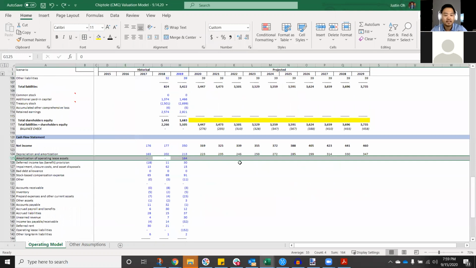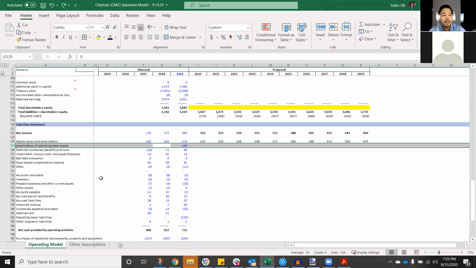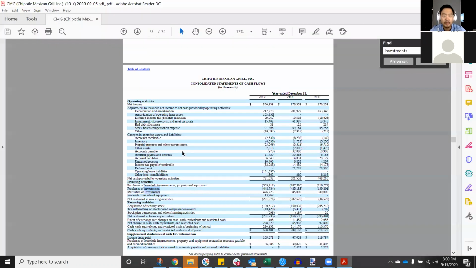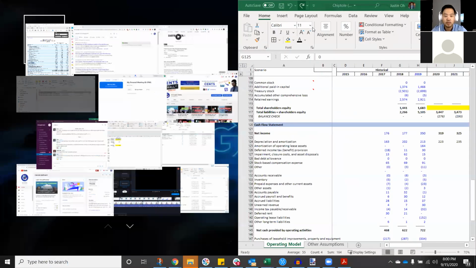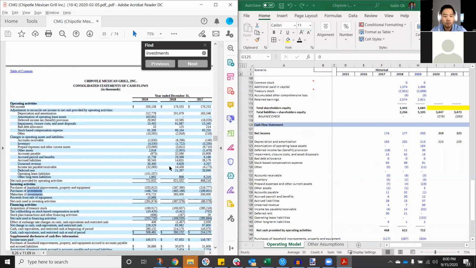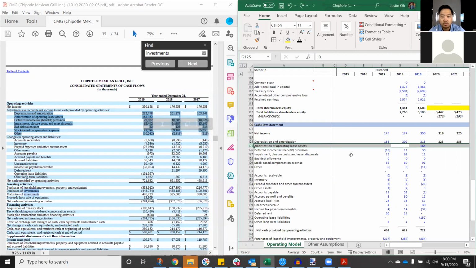amortization of operating lease assets. So each one of these lines, I'm going to tie back here. So here's the cash flow statement. This stuff is all kind of in the income statement that they're adding back, housed in the income statement. Just know that.